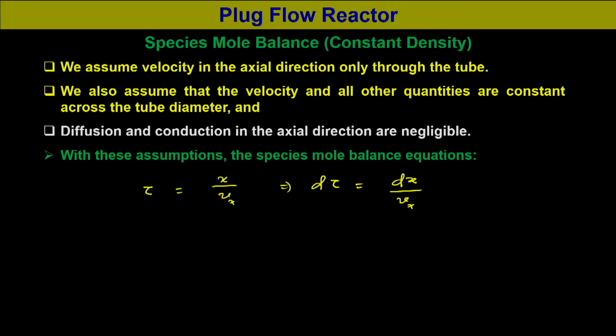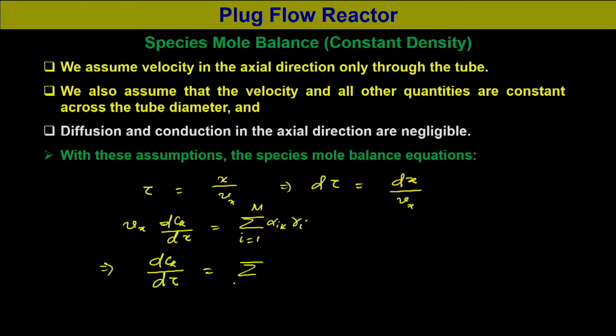Now, if we substitute, we have this equation of species mole balance, V x d C k by dx is equal to summation over i equal to 1 to m alpha i k r i. If we substitute dx by V x, this would be d C k by d tau equal to summation over i equal to 1 to m alpha i k r i.